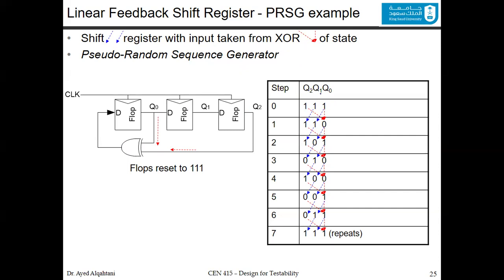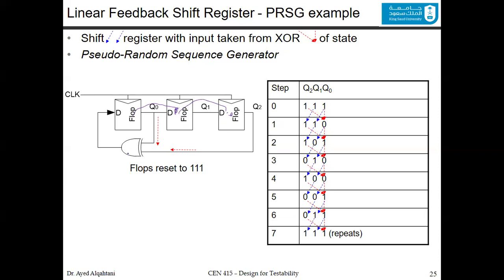So the value of Q1 and Q2 in the next cycle is always taking the value from the previous Q0 and Q1. And this is exactly what's happening here. The value in this flip-flop will be taken from this flip-flop, and the value here will be taken from this flip-flop.